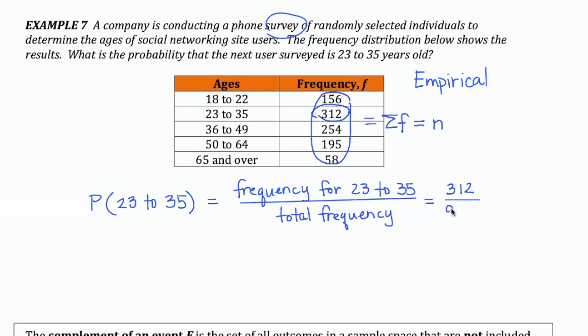So if you add up those numbers, you should get 975. That's the fractional probability. And when you figure that out on a calculator, it turns out to be 0.32. And therefore, that's equivalent to 32%. So again, this is a relatively unlikely event.